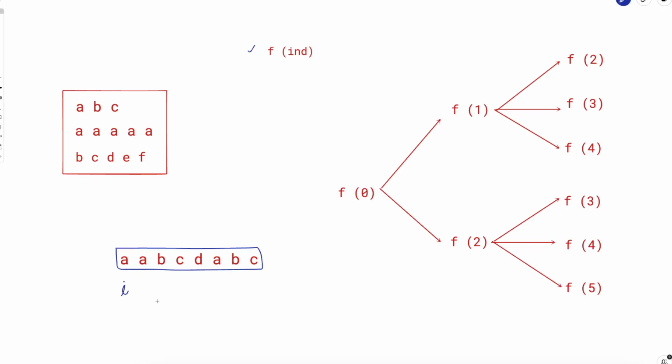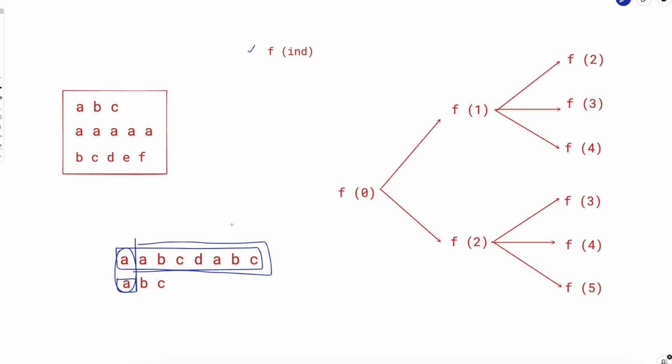One of the options could be, okay, I will try to match ABC with this. Here A and A match, which means for sure you can have a valid string of A and match it with A. That's one possible option. And if you follow this option, what you are left with is this entire string to be matched with some other valid strings.